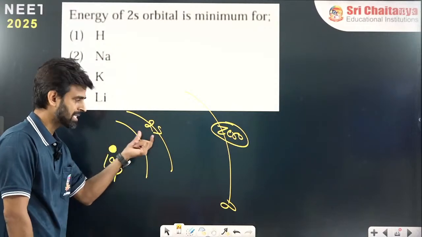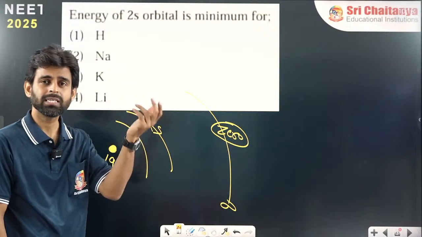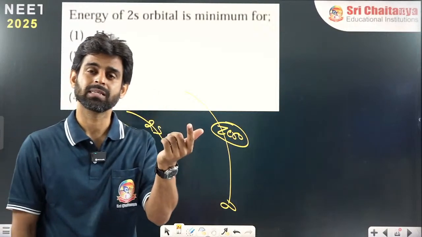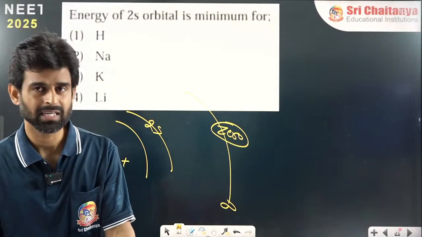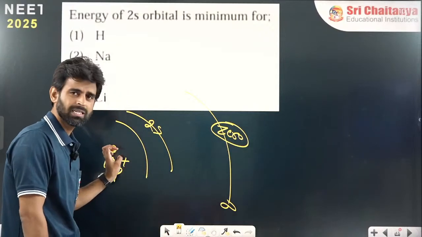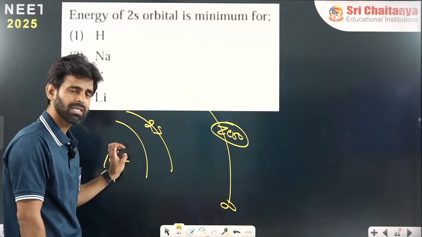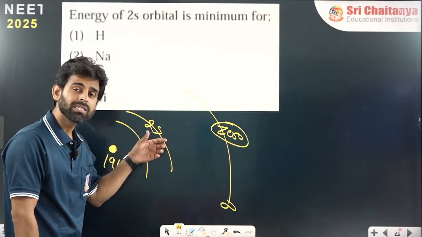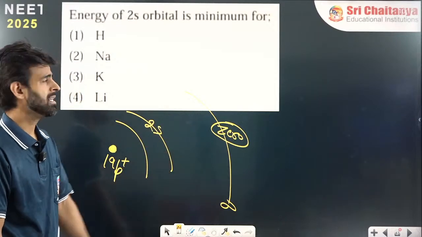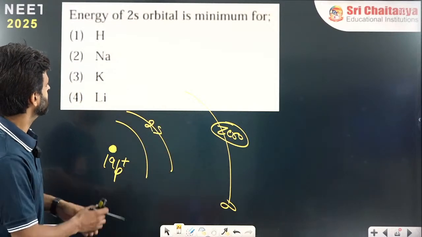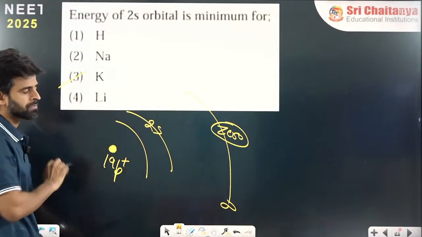So more attraction will release more energy. If more energy is released, the remaining energy becomes what? Less, or I can say more negative. They are asking minimum, so definitely I will go for which one?